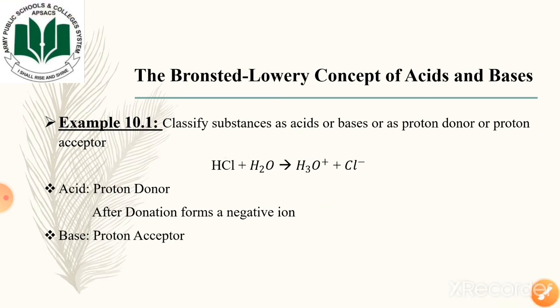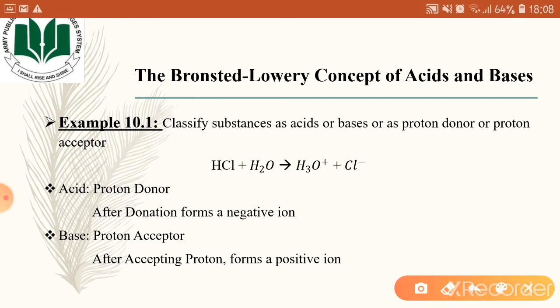Similarly, to identify a certain substance as a base, we need to see if that substance meets two conditions: it should be a proton acceptor, and after accepting a proton, it should form a positive ion. In this example, water is acting as a base, because the oxygen atom is using its lone pair to take the hydrogen ion and has been converted into hydronium ion.